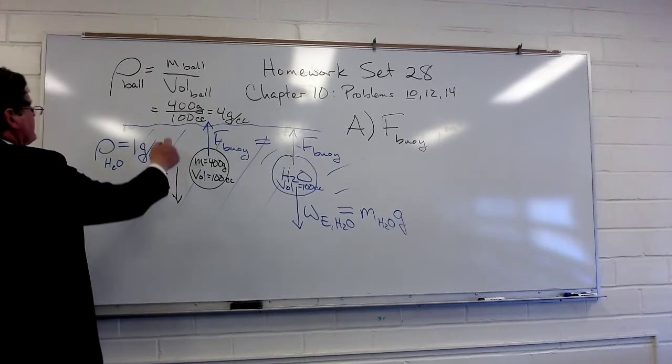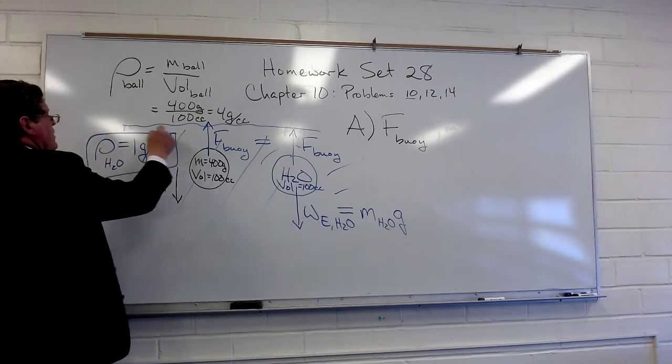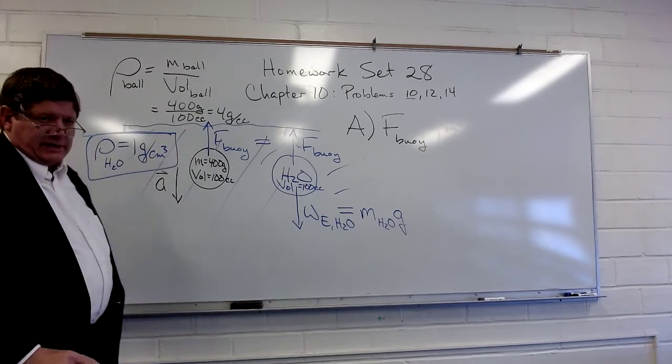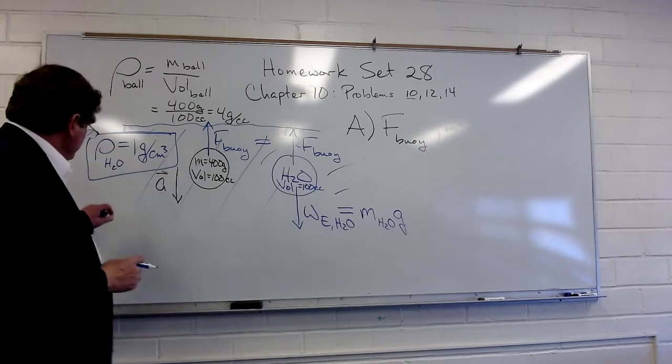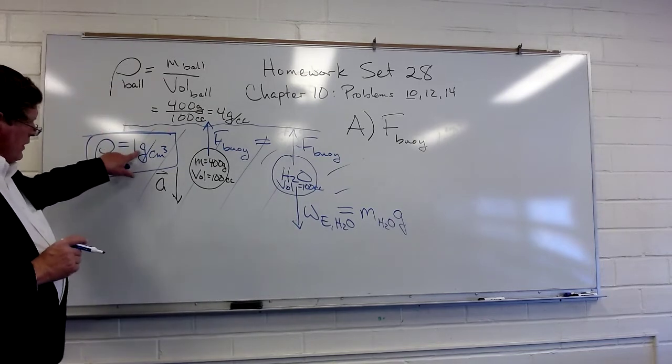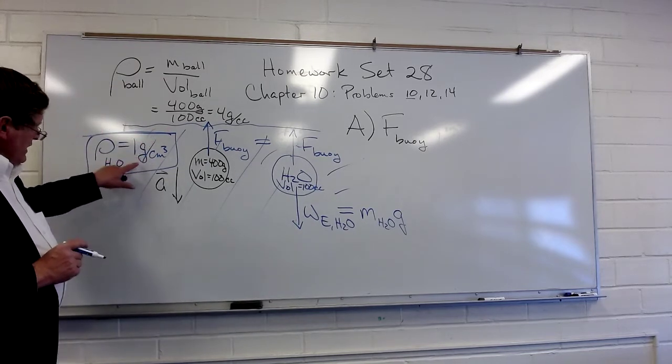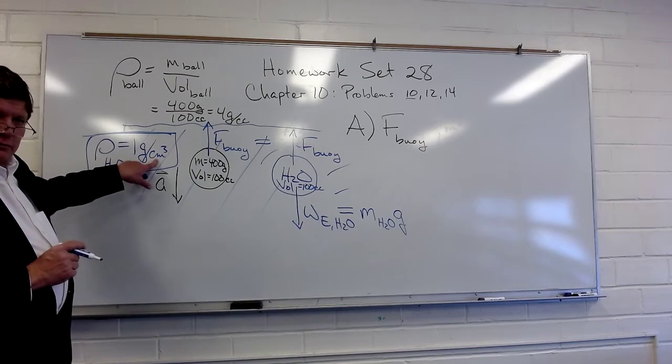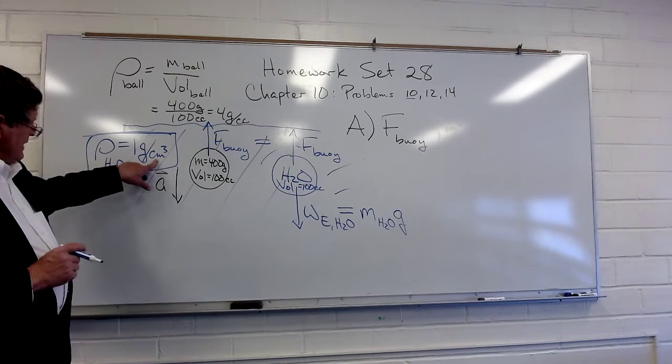Well, that's where this density of water comes in. That makes water so easy to work with. We have 1 gram for each centimeter cubed, or cc. cc stands for centimeter cubed, okay?